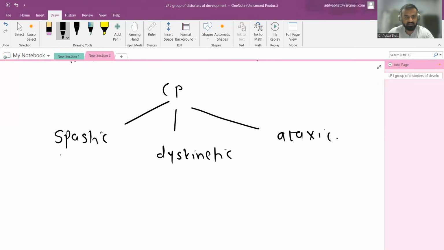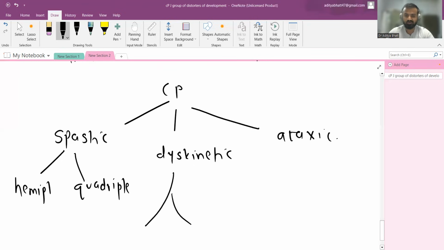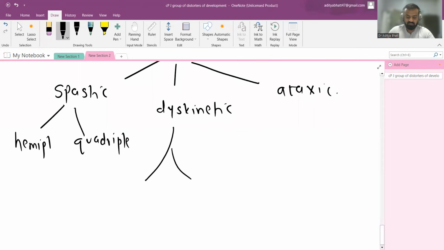So spastic might be hemiplegic, or might be quadriplegic. Hemiplegic is unilateral, quadriplegic is bilateral. So bilateral spastic CP is known as quadriplegic CP. This is something that you might have learned today, or you might know, but it's funny.